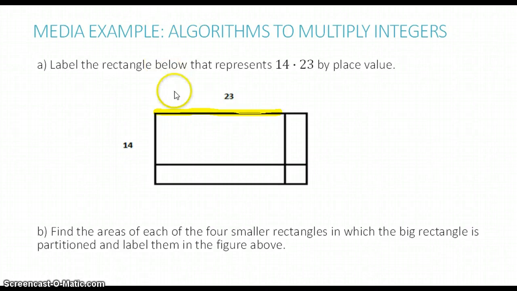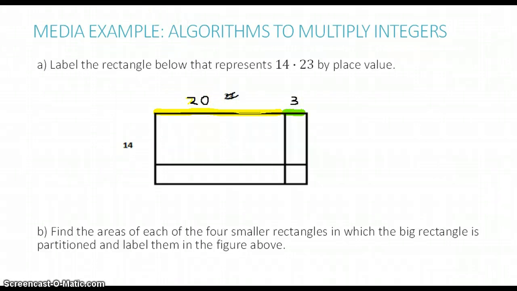This is 20, so that's our tens place, 20. Here we have 3, so this is our units place. So this equals 23. I'm just going to cross that out so we know which piece we have.